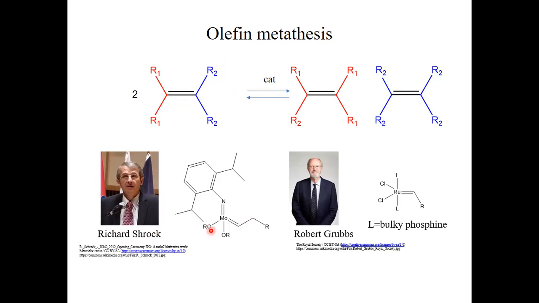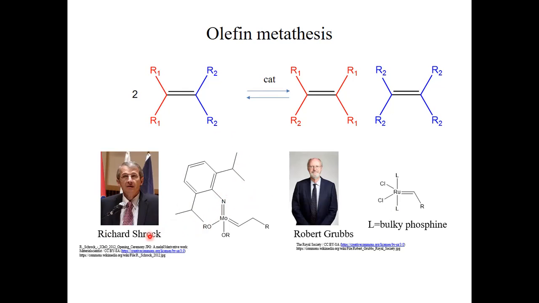Richard Schrock developed molybdenum carbene catalysts that have this molybdenum-carbon double bond, and Robert Grubbs developed another type of alkene catalyst with ruthenium and bulky phosphines as ligands, whereas the Schrock catalyst has these amido ligands attached.